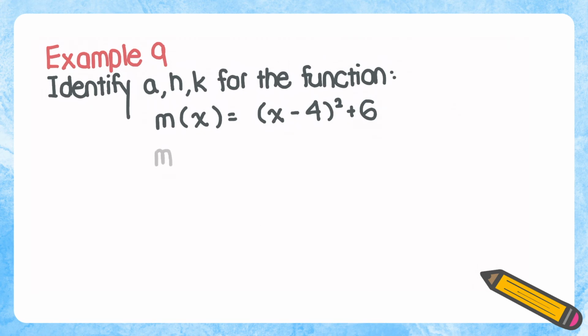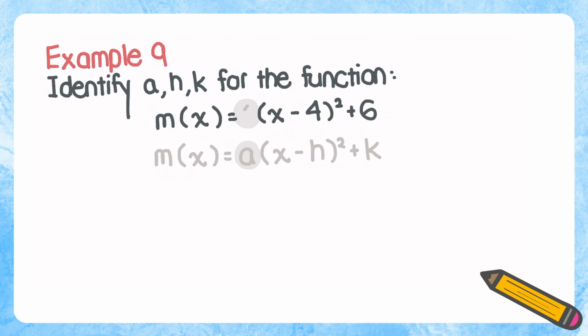M of x equals a times (x minus h) quantity squared plus k. Notice in our given function, we're missing this a value.